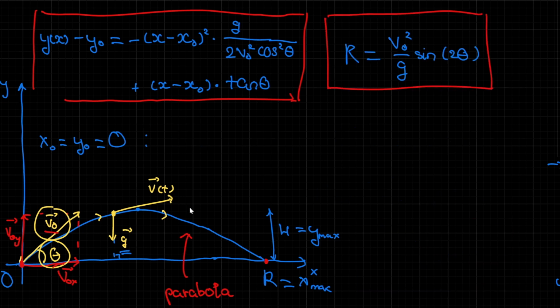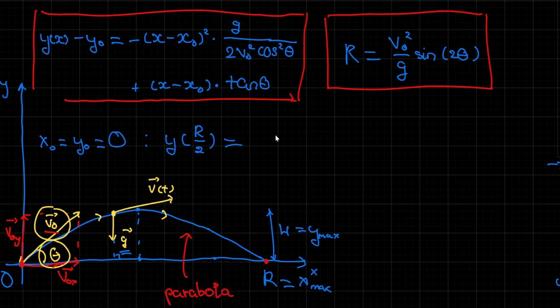And so knowing r, we can easily find h, which is also when x equals r over 2, because this is halfway. Well, r over 2 is basically just v0 squared over g times sine theta cosine theta.